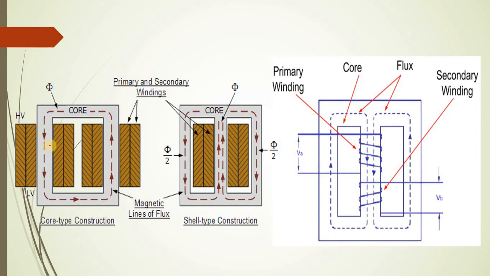Low number of turns are near the core, and these are the HV winding. In the HV winding the conductor cross sectional area is less, so it gives an economical design, while the HV winding is away from the core. This is placed for safety as well as economic consideration.